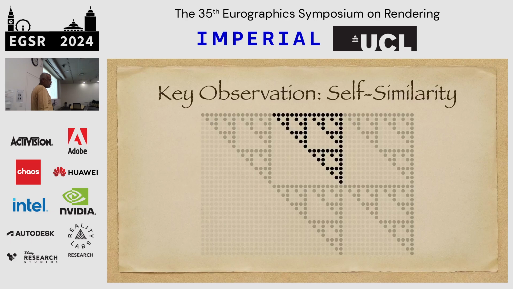How can we do that? It starts with a very simple observation: the Pascal matrix is self-similar. Parts of the matrix resemble each other. It's a Sierpinski triangle, the typical self-similar shape. I wish I could animate this, but if you shift the matrix by 16 steps to the right, it perfectly overlaps with itself.